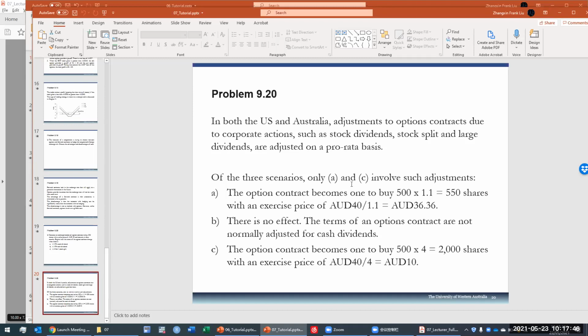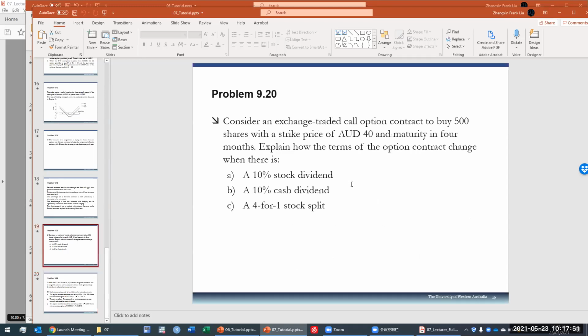The same thing goes with C, where if you're getting a 4-for-1 stock split, Apple does that a lot. I don't know why Apple does that, but because Apple's share price keeps going up and people think about it emotionally, I don't want to buy something that's $200, I think that's expensive, right? So Apple says, all right, fine, I'll split it 2 for 1, so now it's going down to $100 again.